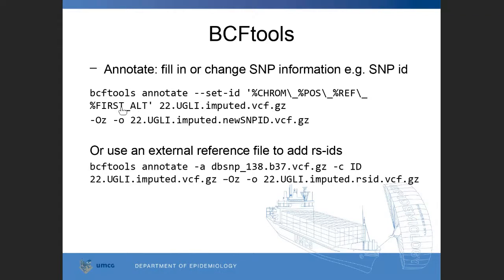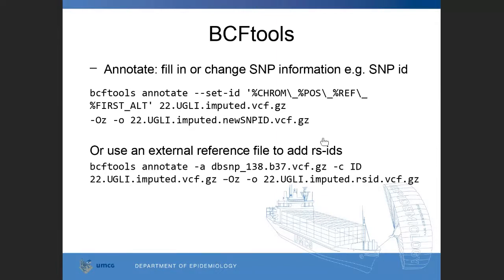Sometimes if you have multi-allelic variants, then there will be more than one alternative allele. Therefore, first alternative allele. Then it will fill in an ID with chromosome underscore position underscore reference allele underscore alternative allele in this third column of the VCF file.